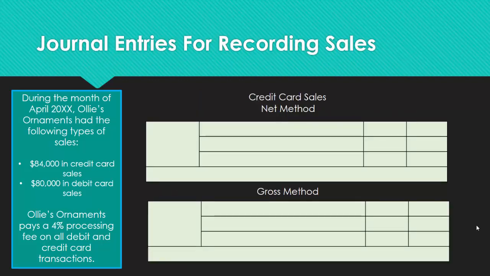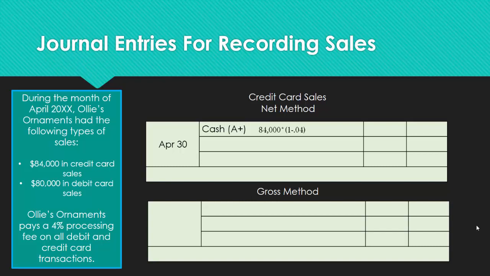In the journal entries for this, let's start with the credit card sales. Ollie's Ornaments had $84,000 in credit card sales. For the net method, when we record this on April 30th, we're going to record cash, but we're going to record cash net of the credit card expense that we are going to have to pay. How much cash are we going to get? It's easy enough to find.